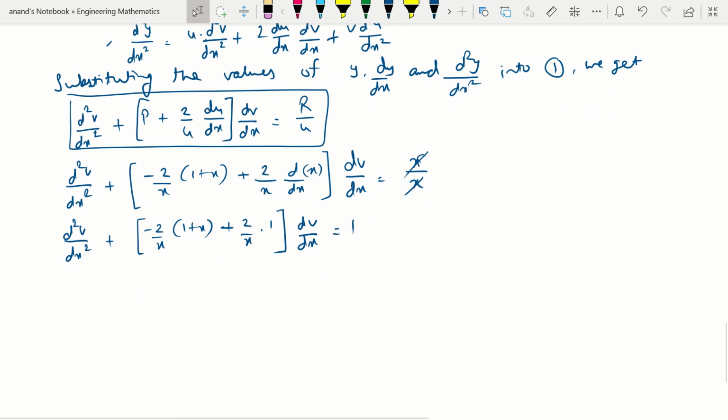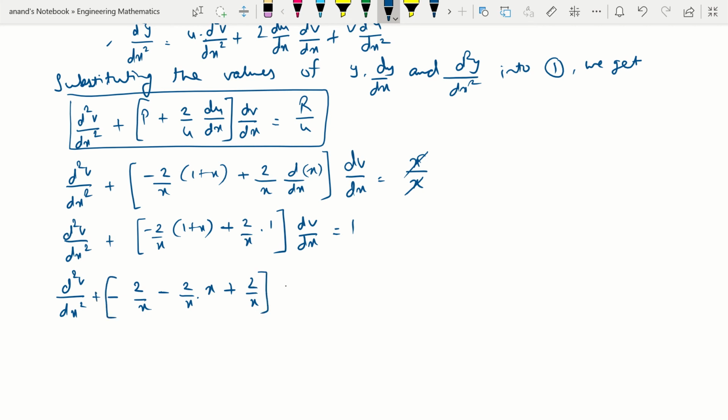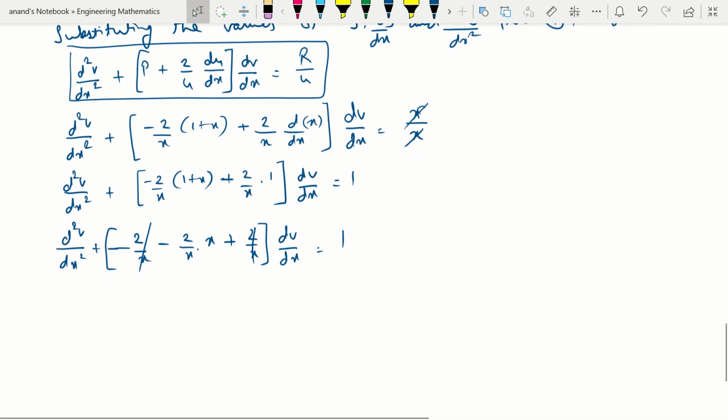So here we will get d²v/dx² + [−2/x − 2 + 2/x] dv/dx equals 1. Let us apply the bracket first. These two terms will be cancelled out because of the opposite signs. So here we will get d²v/dx² − 2 dv/dx equals 1.